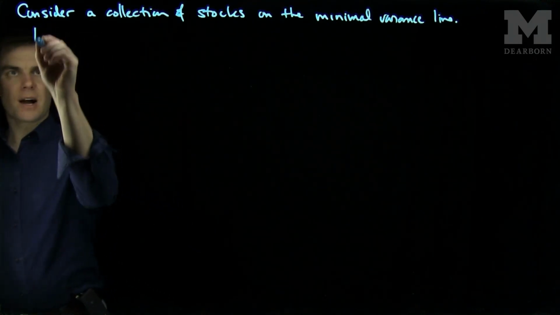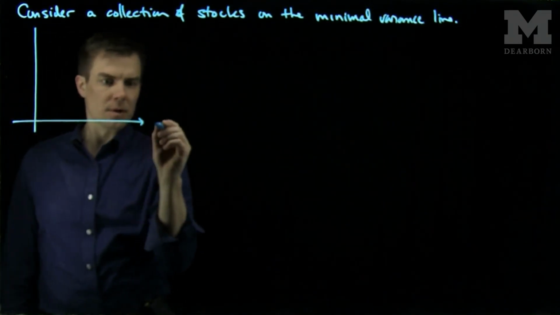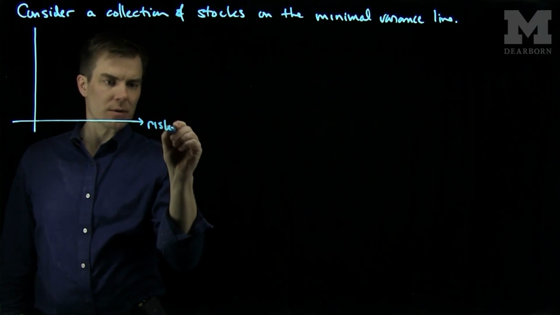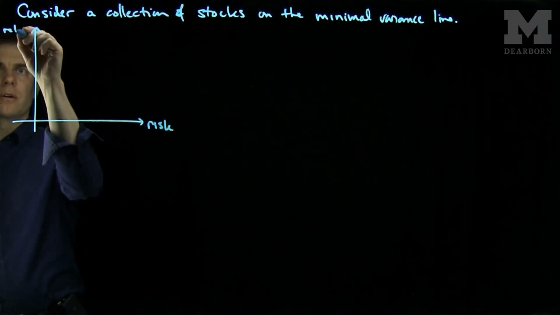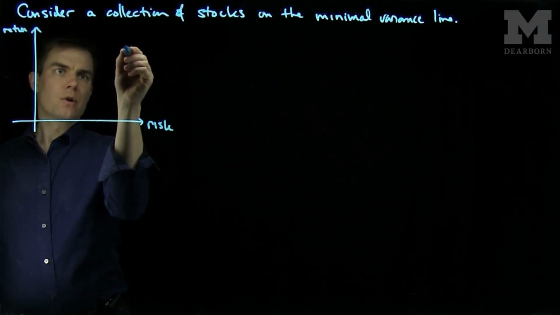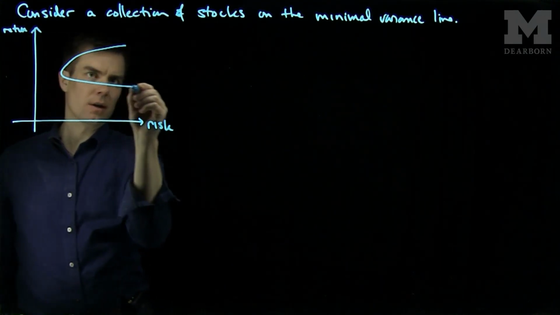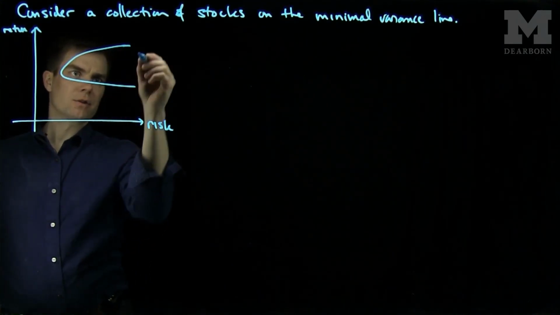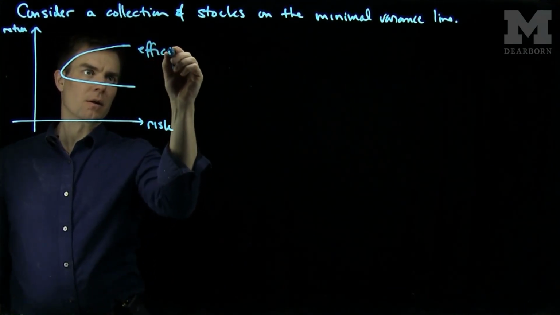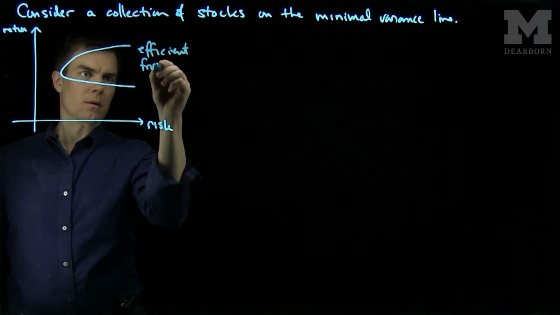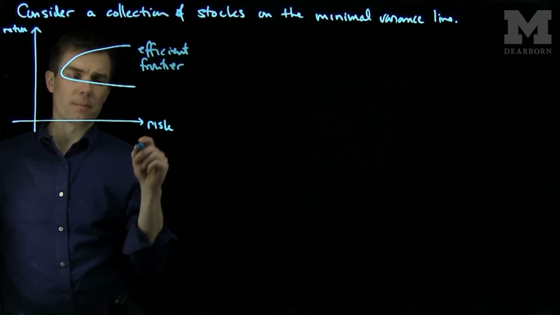If we plot these stocks on the risk return axis, we saw previously that they will form the efficient frontier, which is a hyperbola.